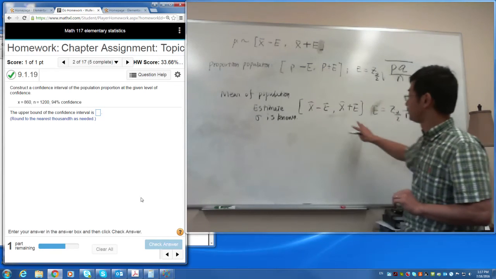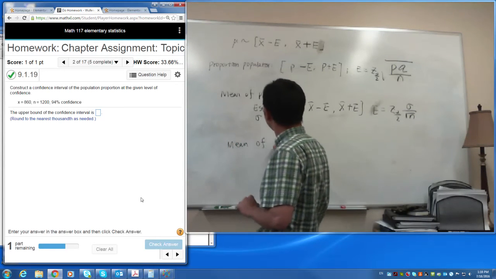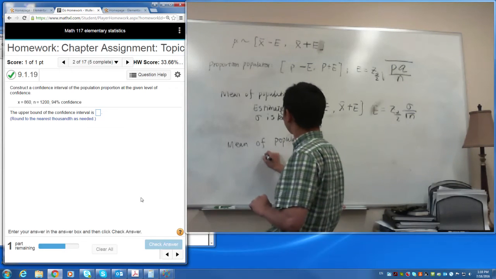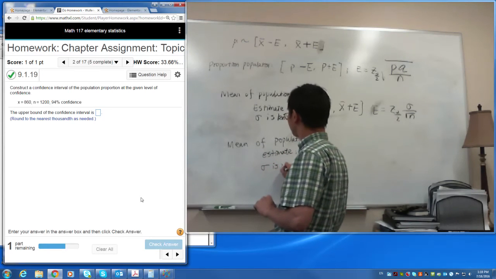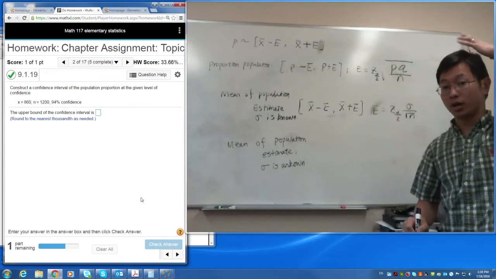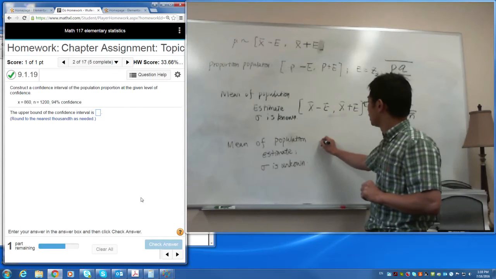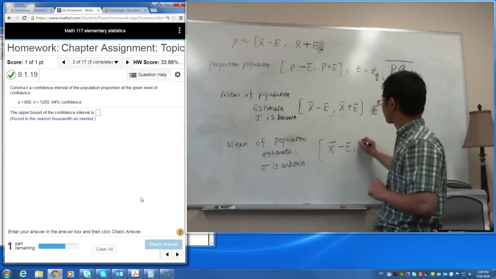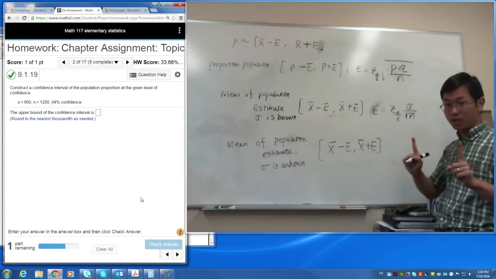So use this formula. And the next one is the mean of the population estimate, but sigma is unknown. You should know that when sigma is unknown, the t distribution is involved. It's x minus E, x plus E, but the problem is E is different.